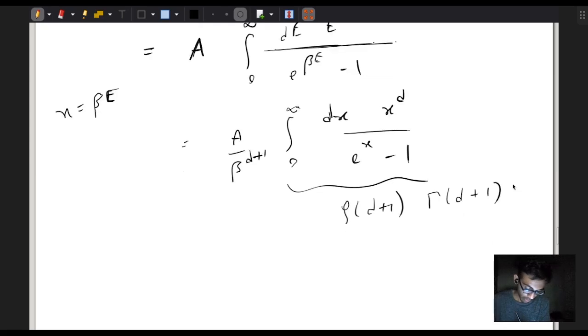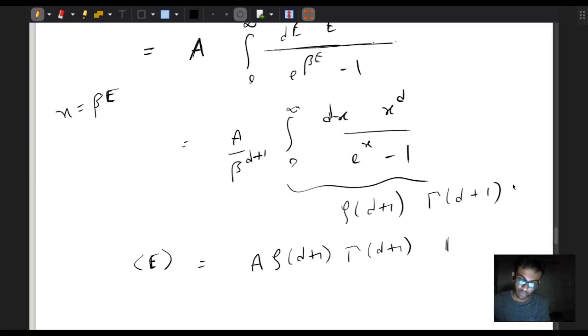So the expectation value of energy, the total energy in the cavity, is, yeah.